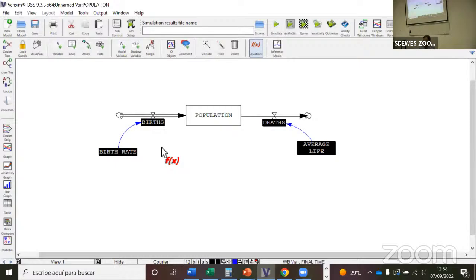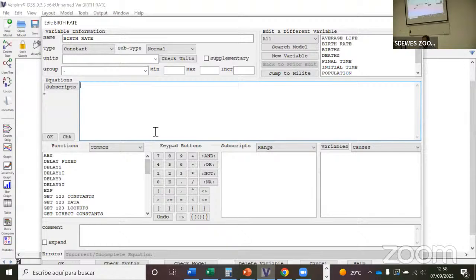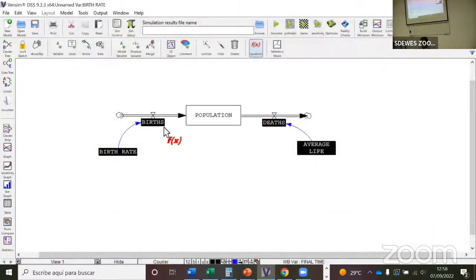Now, we can introduce the birth rate. What is the birth rate? The number of births per person per year. Well, maybe let's start with the number of births. Births will depend on birth rate and population.